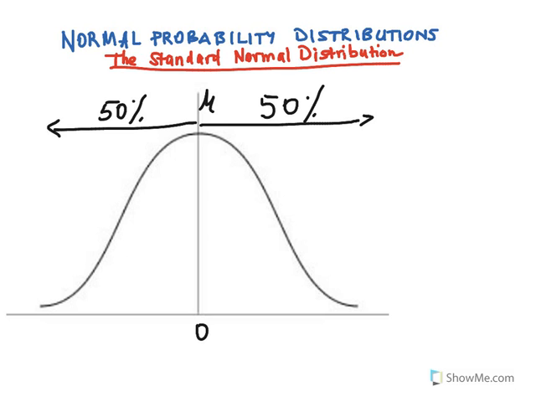Second is that 68% of all cases fall between plus and minus 1 z, or 1 standard deviation.